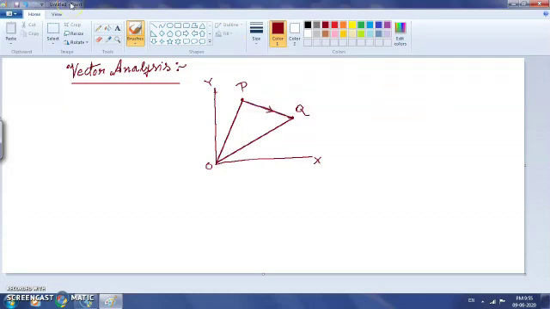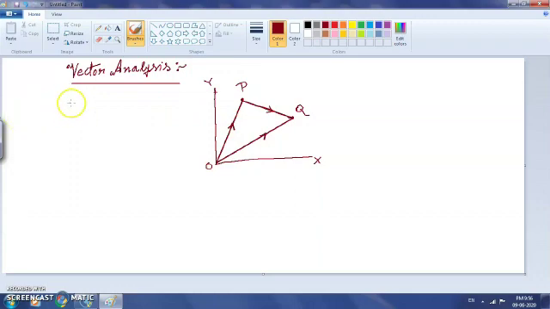The position vector of P is OP and the position vector of Q is OQ. Why O to Q? Because the point has started from O and gone to the point P, and here the point has started from O and gone to Q. So the starting point is always O, even in real life.